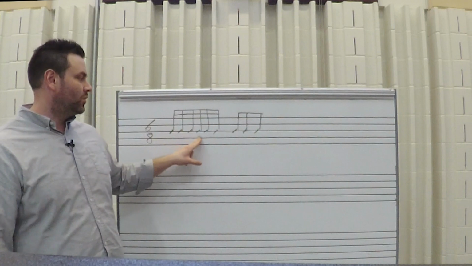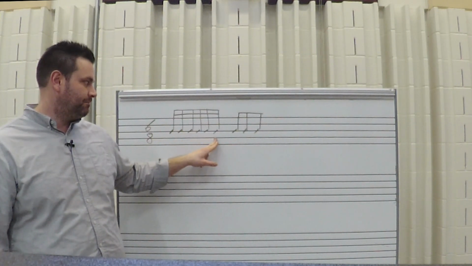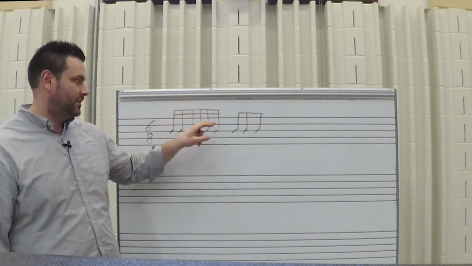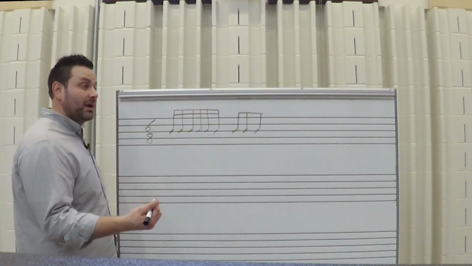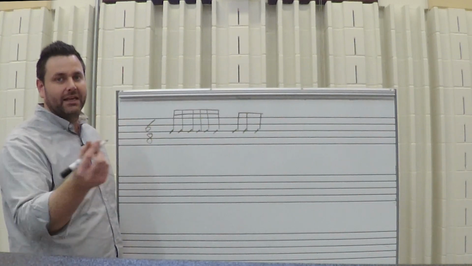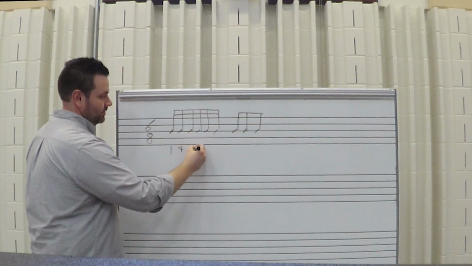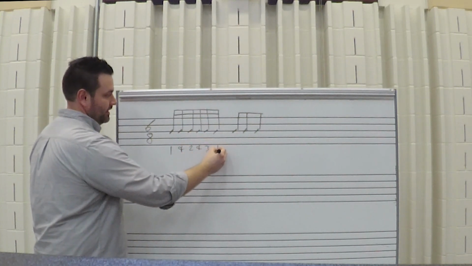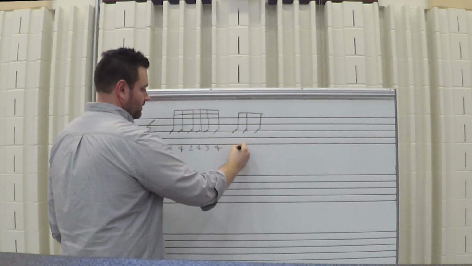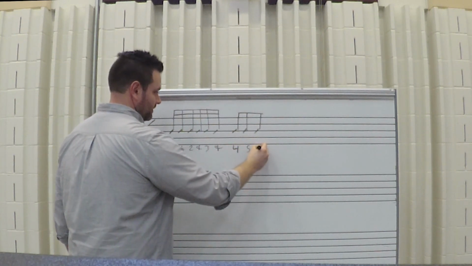So 3 total beats is going to give us 6 16th notes, right? So we're going to group all of those together, right? Now remember how we count 16th notes in 6/8, right? 1 and 2 and so on. So this is going to be 1 and 2 and 3 and 4, 5, 6.